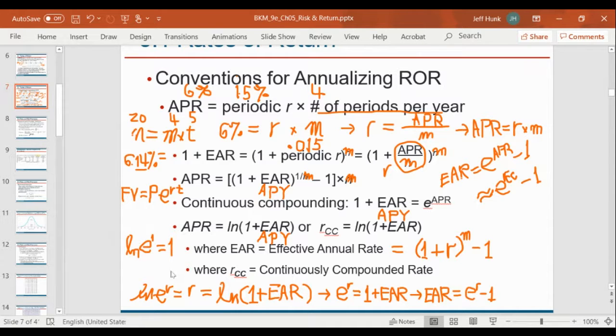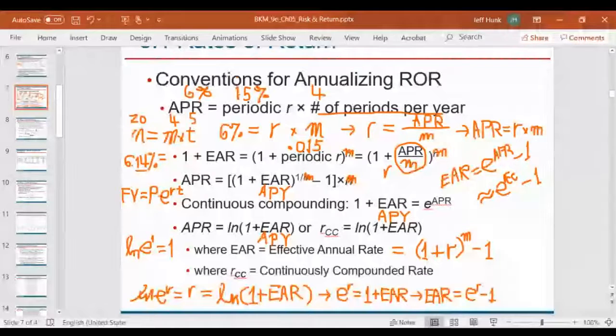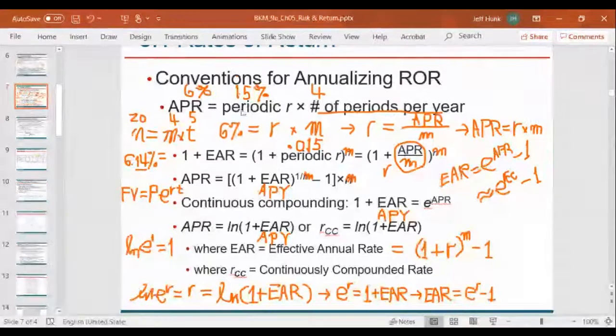Then the natural log of e raised to r is simply r, because the natural log and Euler's number, the exponential function, cancel each other out.